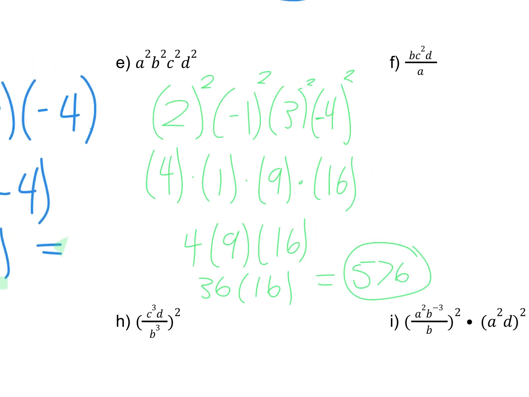So I took my first 2 terms here and multiplied them and got this. Then I took my next 2 terms here, multiplied them and got this. And then I took these 2 terms, multiplied them, and got 576.